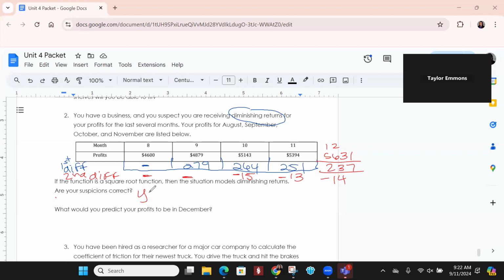Okay, so yes, your suspicions are correct because the second differences are pretty close. Again, you want it to be pretty close. This would be our projection for December because these numbers want to be very similar, very close together.